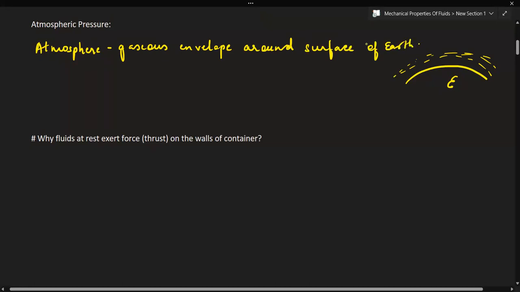So these layers of atmosphere also exert force. That force per unit area, the pressure exerted by these layers of atmosphere, is known as the atmospheric pressure.